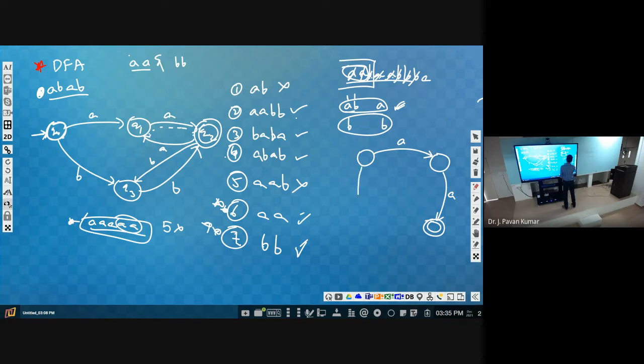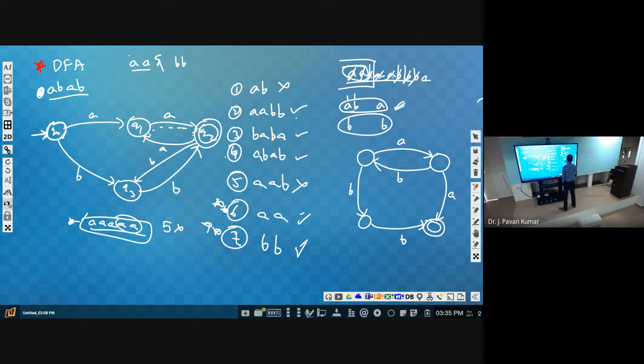Similarly, if you have B and B, then you can make it final state. Okay, this is just an abstract thing. Suppose A and B if you have, let us say on B, it should not reach, only A and B means it should not reach final state. So you can come back to this.